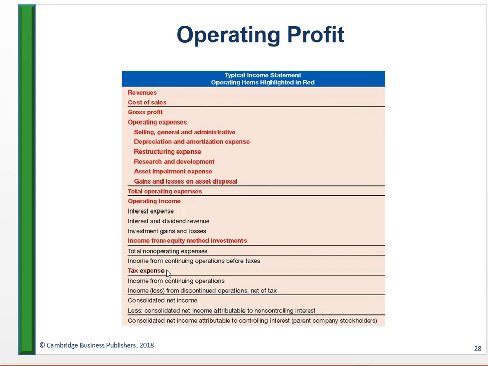Part of tax expense is payable to the state and federal government on account of profits that we generate from operations, and that's great. But then there's also a tax shield that we get from the interest component that we subtract off of operating income. So if we don't have any non-operating items on our income statement, meaning we don't have any interest expense, we don't have any dividend revenue, we don't have any gains and losses, then this tax expense number is going to be 100% operating.